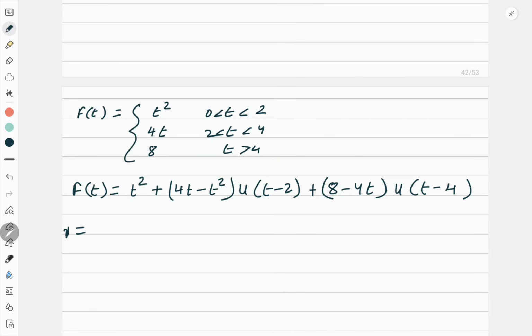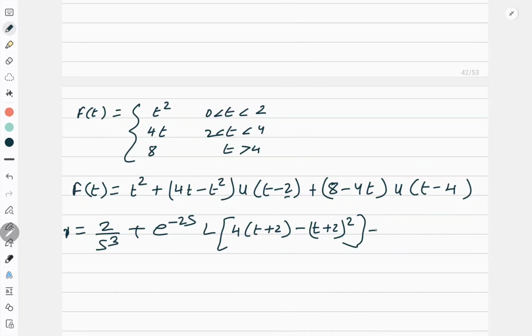L of f(t) is equal to L of t square. L of t square means 2 by s cube. Plus here a is 2, so e to the power minus 2s Laplace of 4(t plus 2) minus (t plus 2) square, plus e to the power minus 4s Laplace of 8 minus 4(t plus 4) because a is 4.